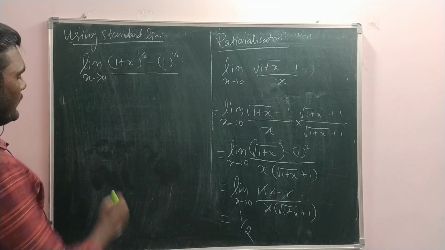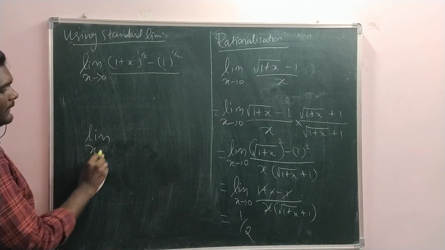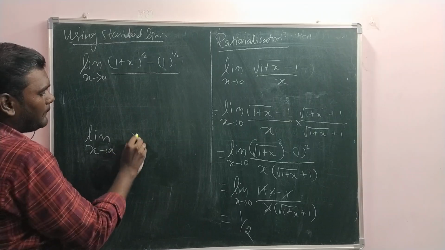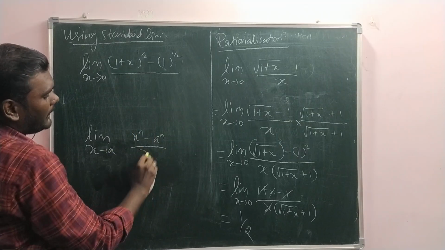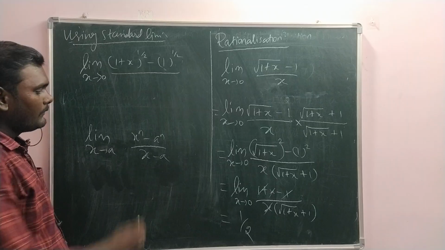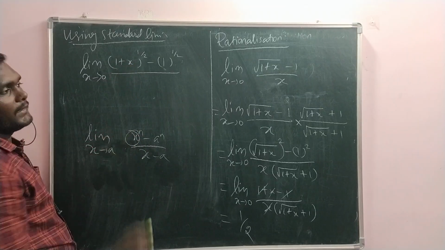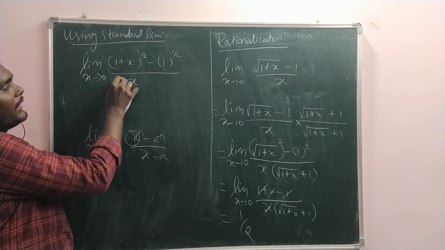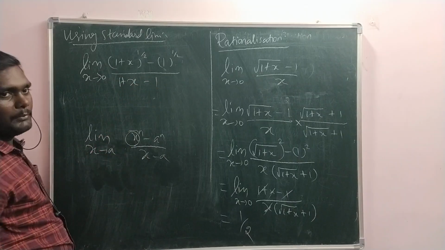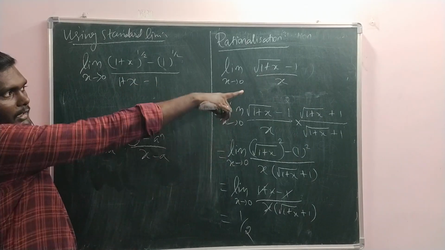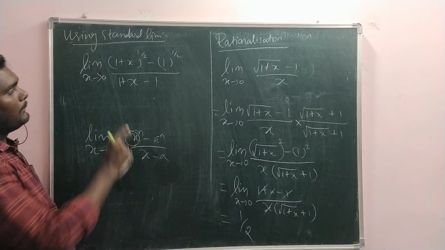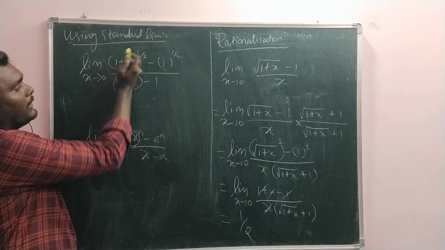And see, this resembles the formula limit x tends to a of x power n minus a power n by x minus a. Try to obtain this. So instead of x, we have 1 plus x. The denominator x is there, right? I am putting plus 1 minus 1 in the denominator itself. Then this is 1 plus x minus 1.